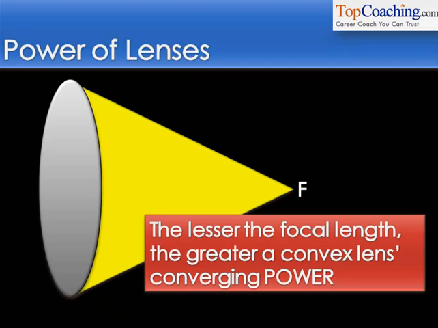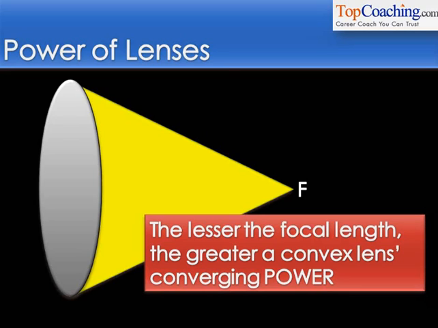Understood? Now, the lesser the focal length of a convex lens, clearly the greater its converging power, isn't it? You see, if rays are coming from infinity and the focal length is really large, then the convex lens will converge the rays, but it will converge the rays after a long distance because the focal length is large, isn't it? And the convex lens converges rays from infinity only at the focus.